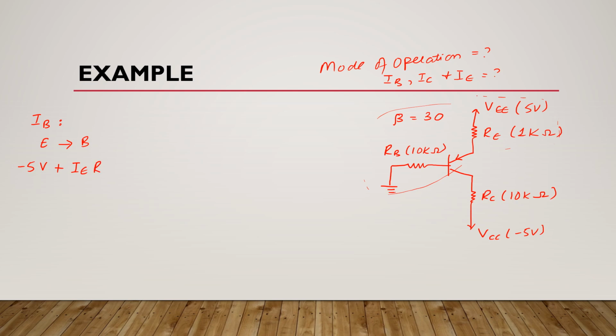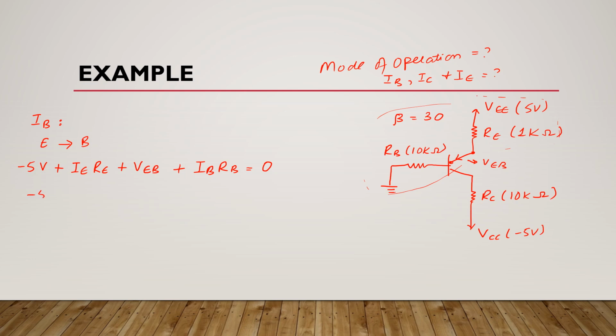IE RE plus VEB, because we know that in this region we have voltage drop VEB, plus IB RB is equal to 0.